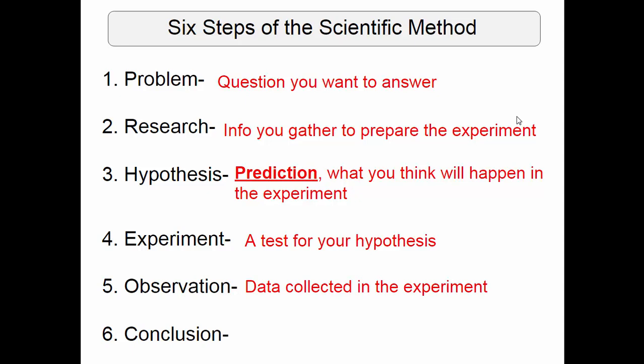You also make a decision about something. What do you make a decision about, Sage? Whether your hypothesis was correct or not. Yeah, you say, okay, here's my observations. Here was my hypothesis. Was my hypothesis correct? Or it's better to say, was my hypothesis supported by this experiment, by the data that I collected?